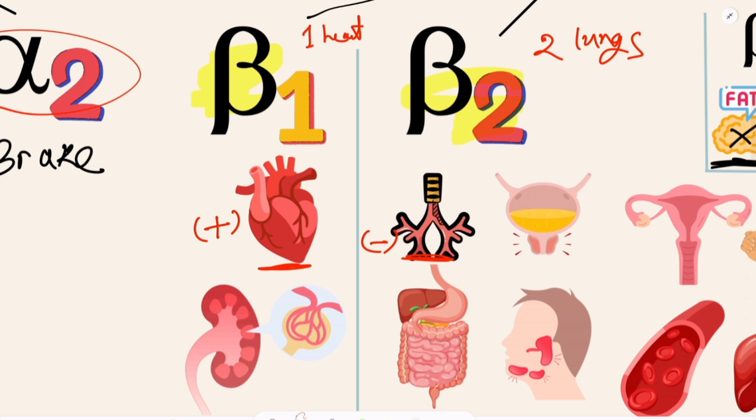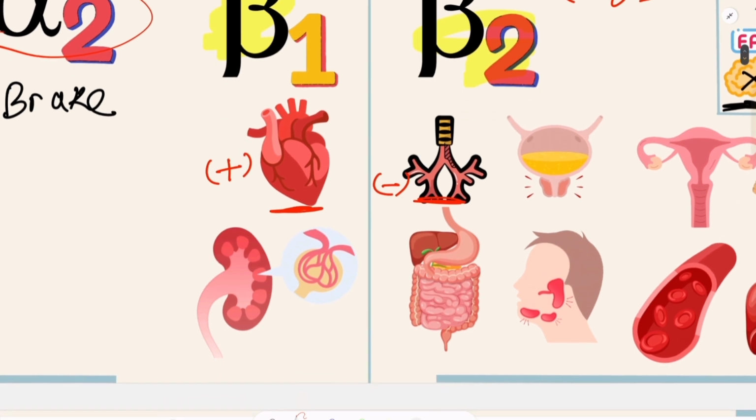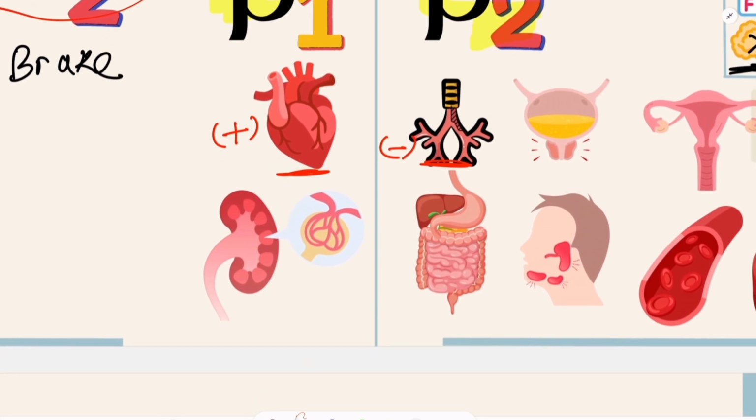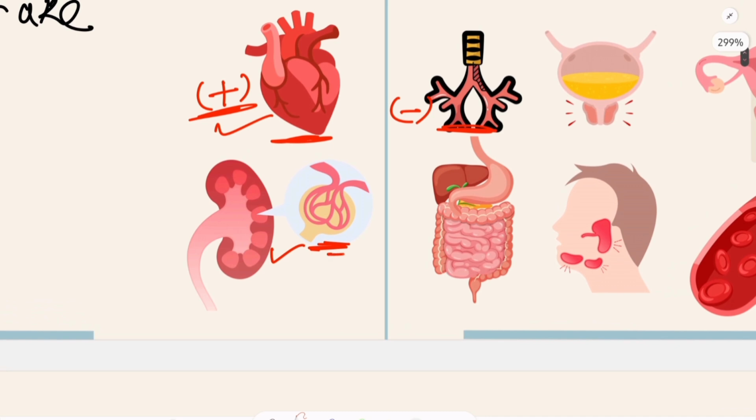Now, apart from the heart, beta 1 is present at one more location, which is juxtaglomerular cell of kidney. So the beta 1 receptor is present in the heart and juxtaglomerular cells of kidney. In heart, it stimulates the heart, whereas in juxtaglomerular cell, the beta 1 receptor stimulation leads to increased secretion of renin.